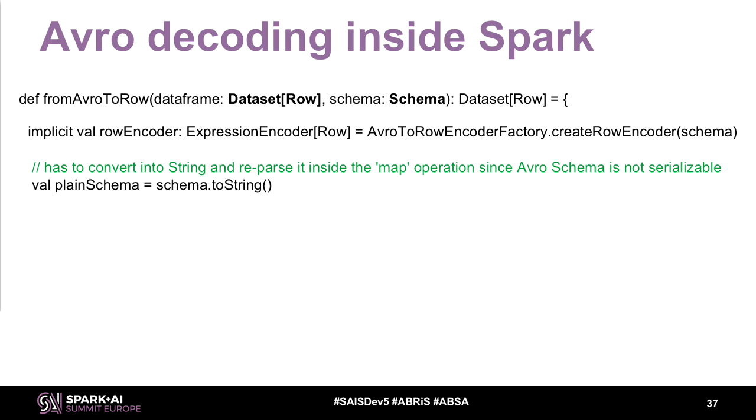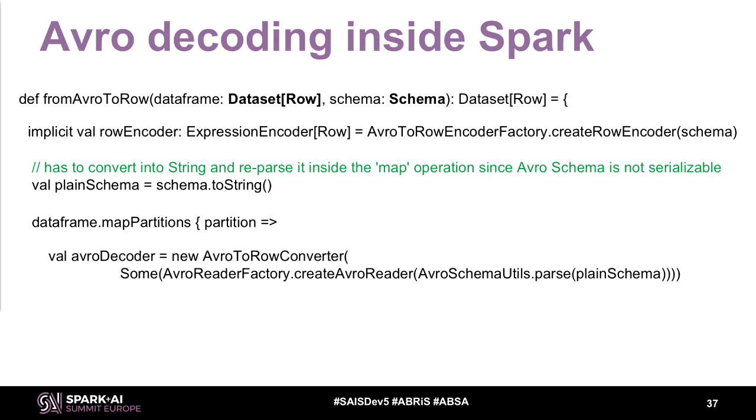Then we get the string version of the schema because this schema object is not serializable. And then for each partition, we create a decoder for this schema. It's another encoder that knows how to decode data from that specific schema, and we apply this decoder to each of the records that we have. So in this sense, we have binary Avro payload coming in, and Spark rows coming out.